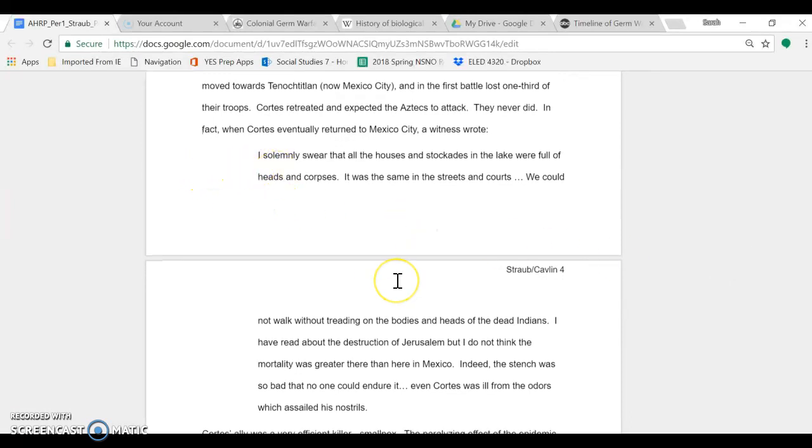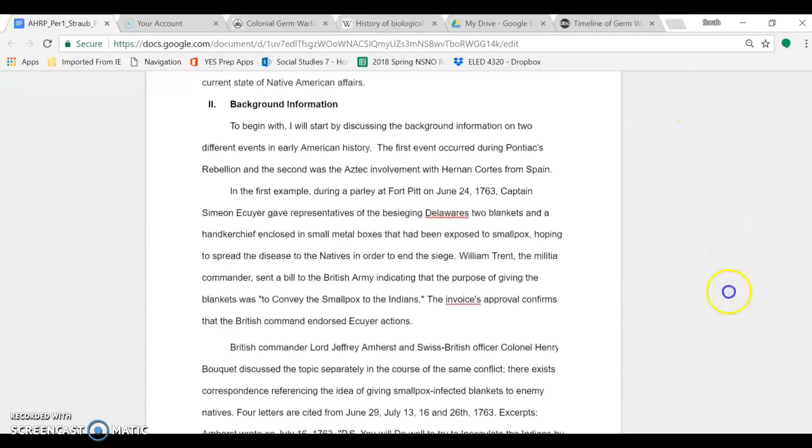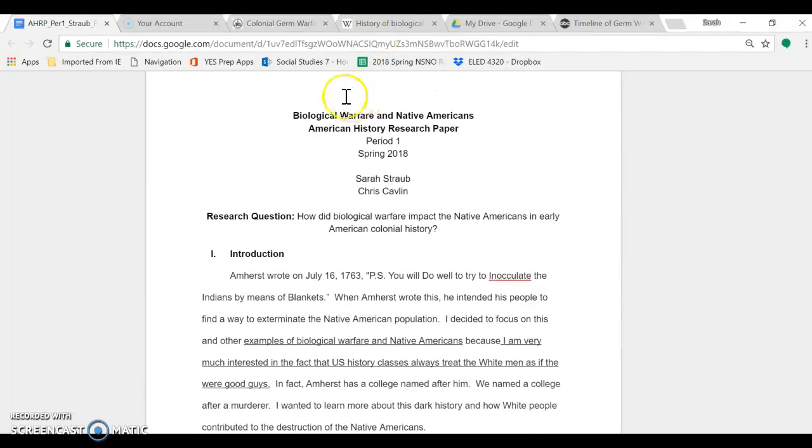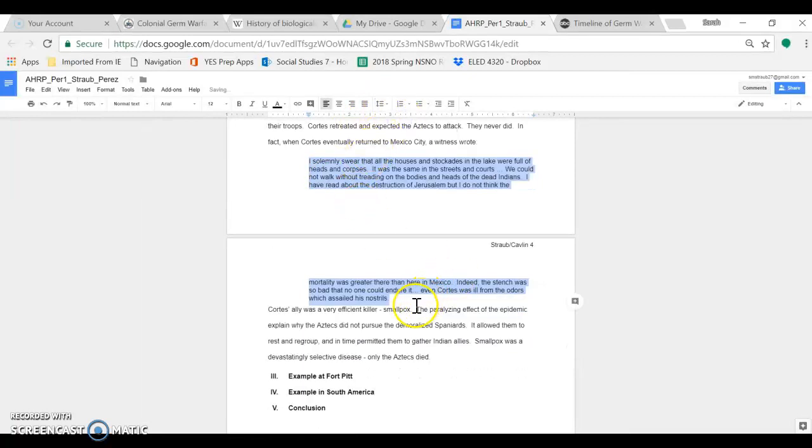This represents when I took a direct quote from my source. I had to indent it twice, and then the only last thing that I need to do is to change it so it is a single space.